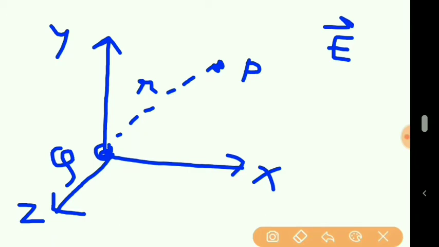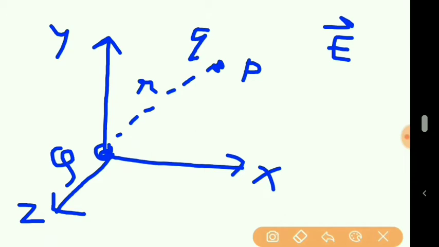If you will select any other point also, anywhere around this charge Q, then also there is electric field present around it at each and every point. Now if I put another charge q at this point, then what will happen?